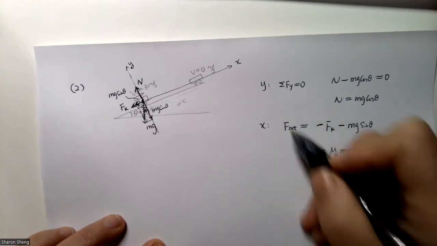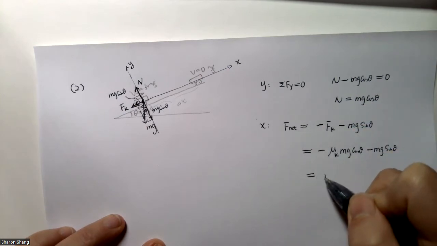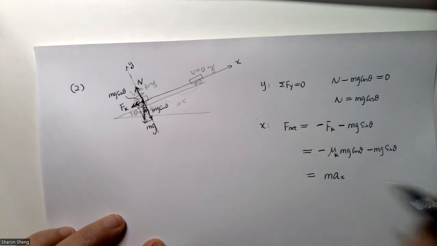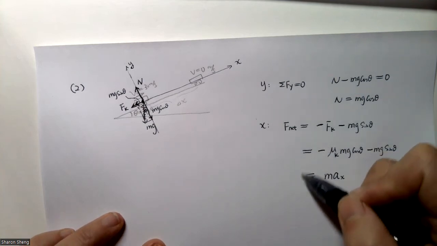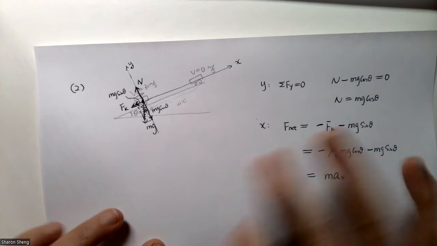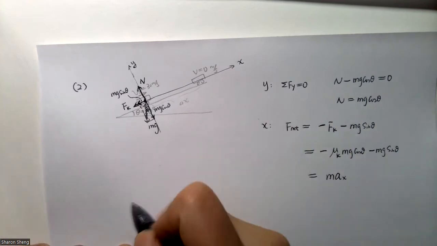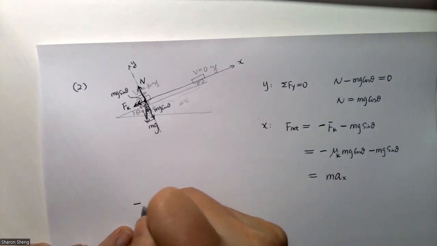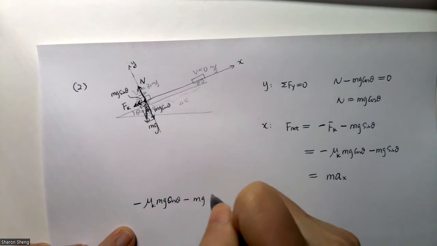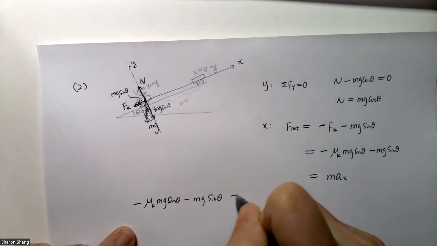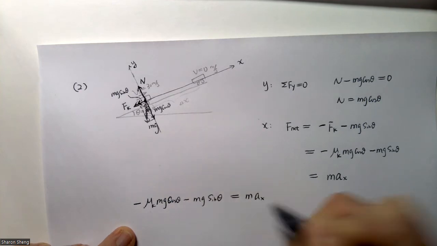And net force equals m times ax, the acceleration along x direction. Okay, so now let's look at the equation here. I rewrite it as a regular function. I got negative mu k mg cosine theta minus mg times sine theta equals m ax.